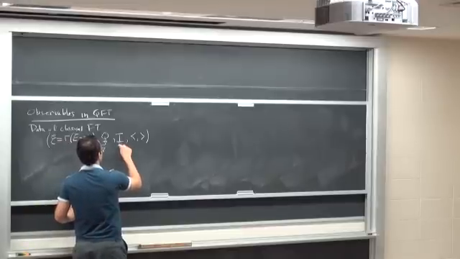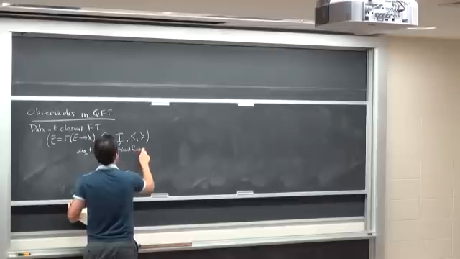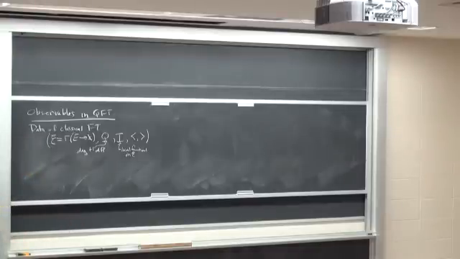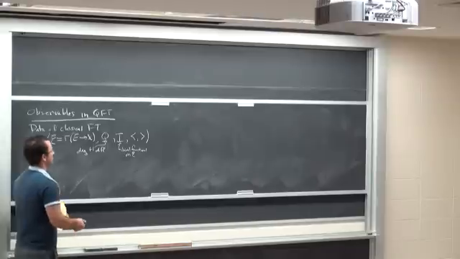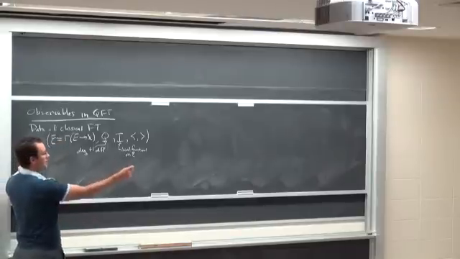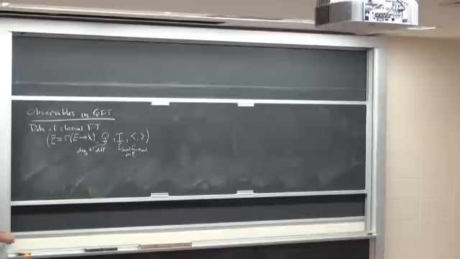This is a local functional on E. So what do I mean by local functional? I mean that it only depends on the value of a section and the jets of that section. Something that's not local would be to take the value of a field over here, take the value of a field over there, and multiply them. That's not something that I'm interested in allowing.